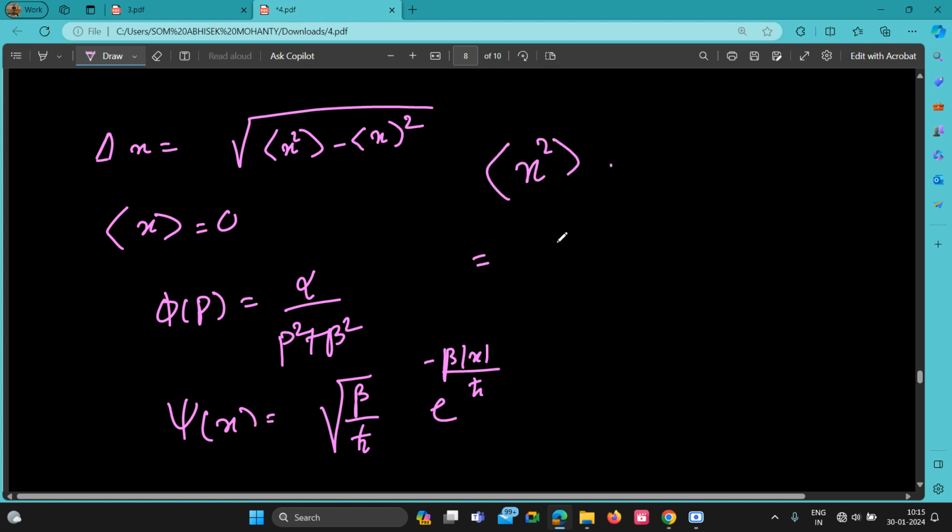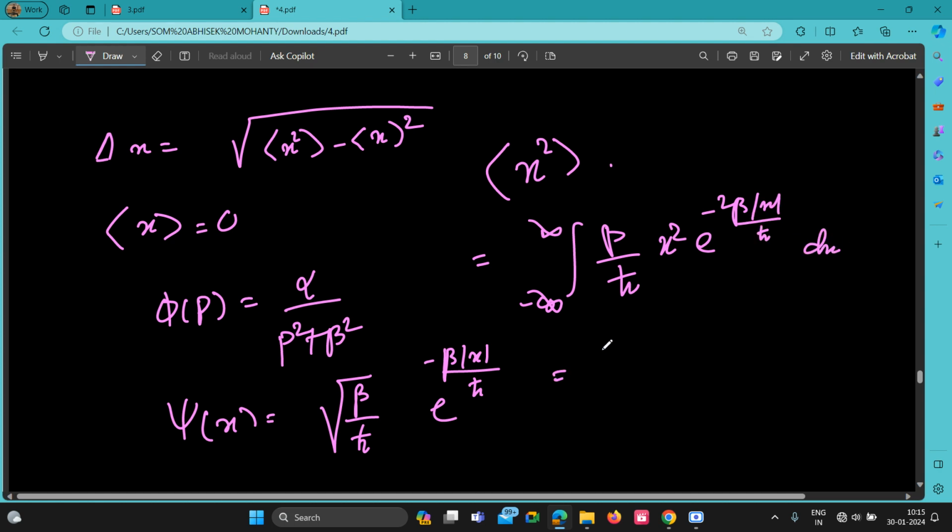It will be the integral from minus infinity to infinity of beta by h squared x square e to the power minus 2 beta x by h squared dx. So beta by h squared, and this whole integration will be h squared by 2 beta square.